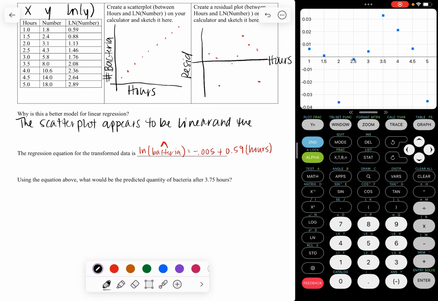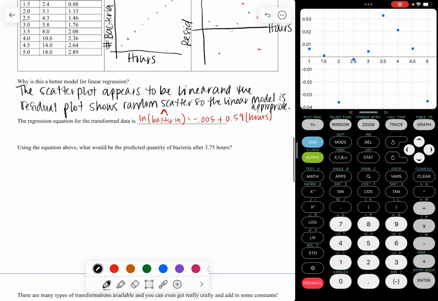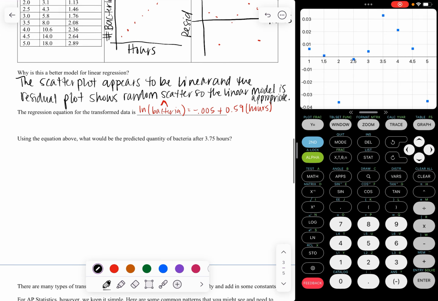And the residual plot shows random scatter. So the linear model is appropriate. There we go. Okay. Now, using the equation above, what would be the predicted quantity of bacteria after 3.75 hours?